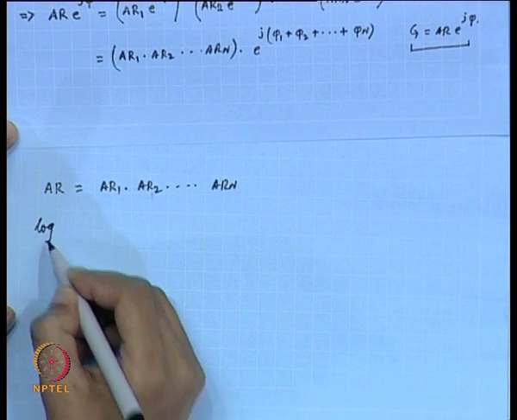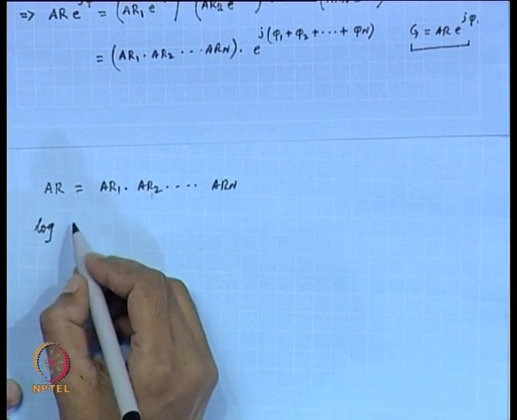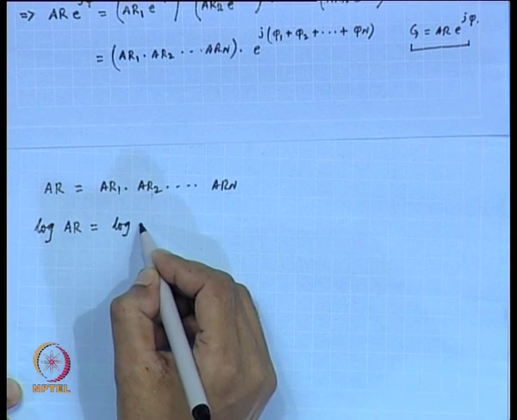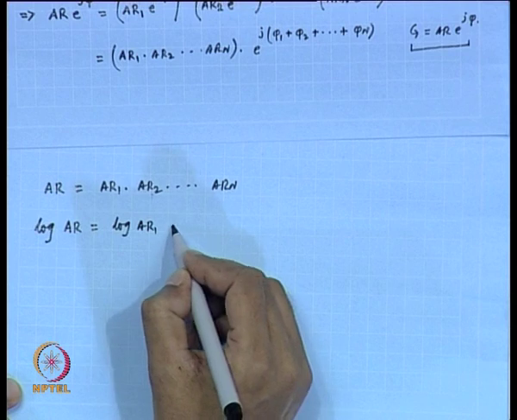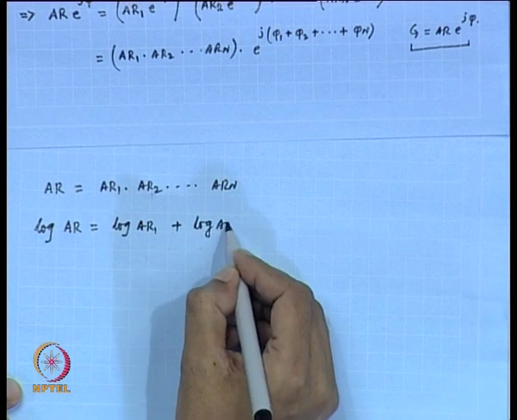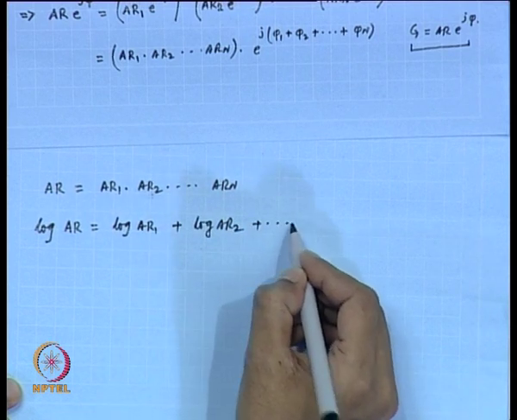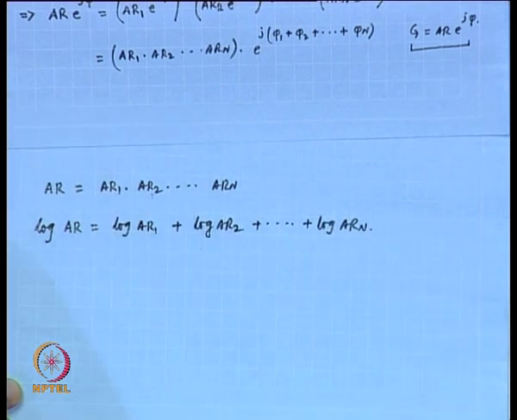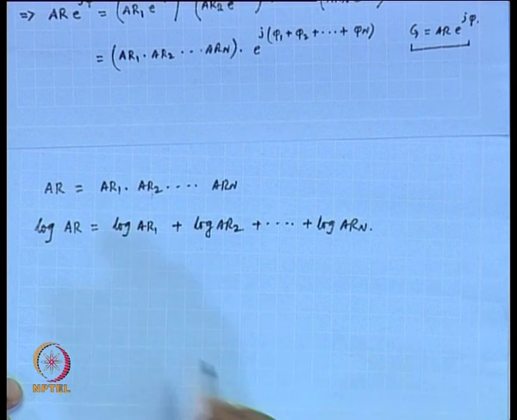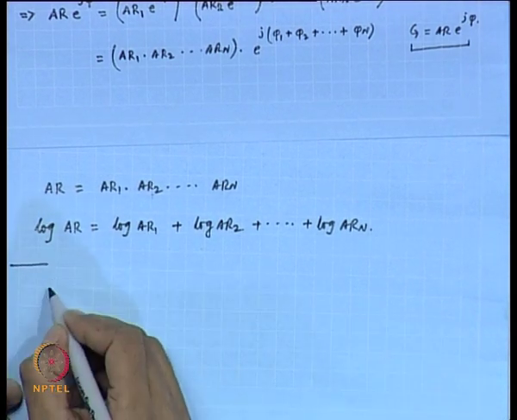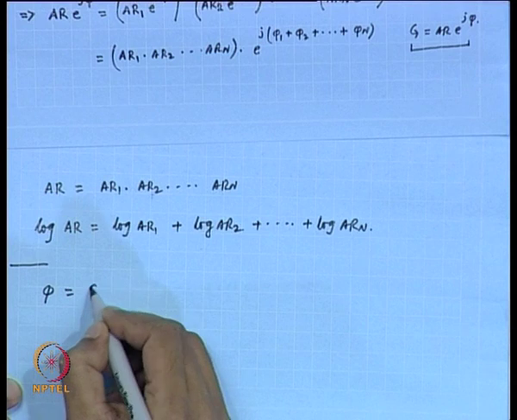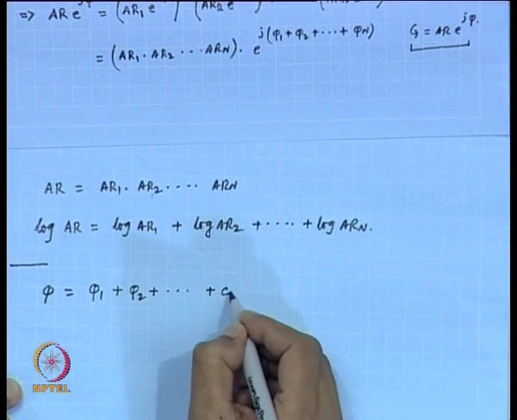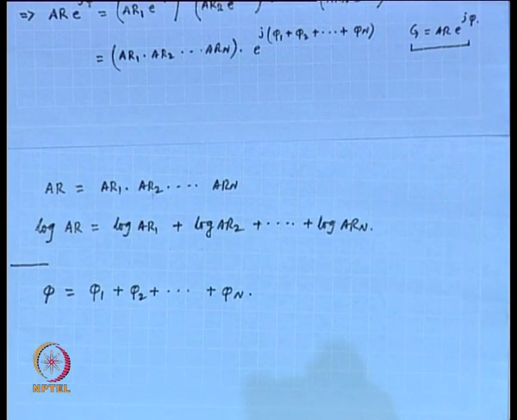Now, if we take logarithm on both sides, then we obtain this form. Fine. Similarly, for the phase angle, we can write phi as the summation of all individual phase angles.